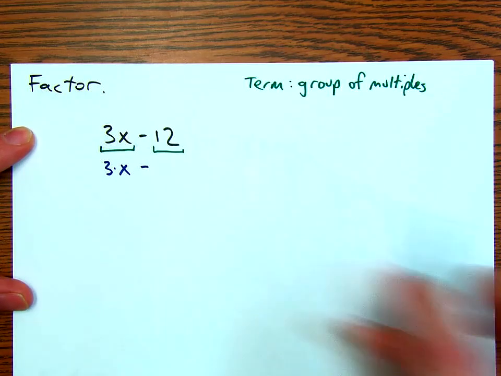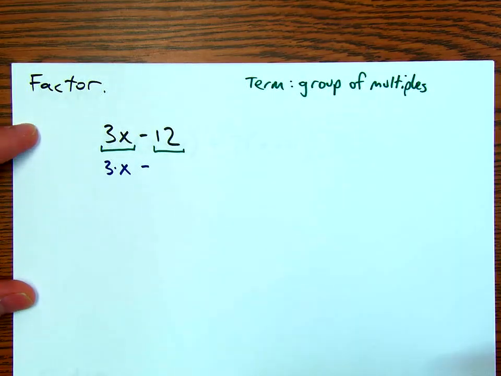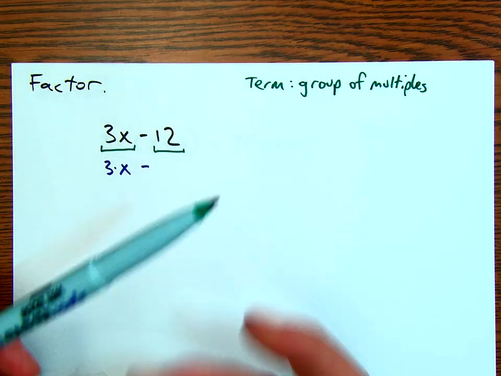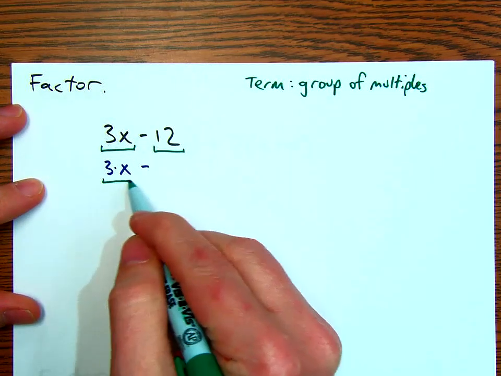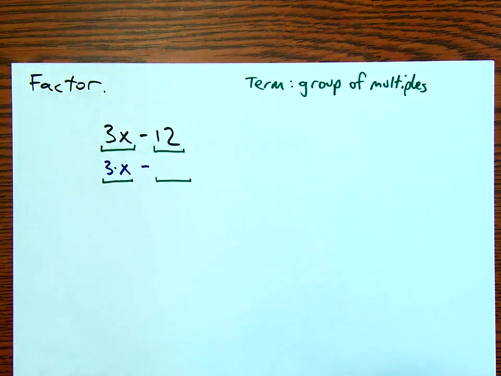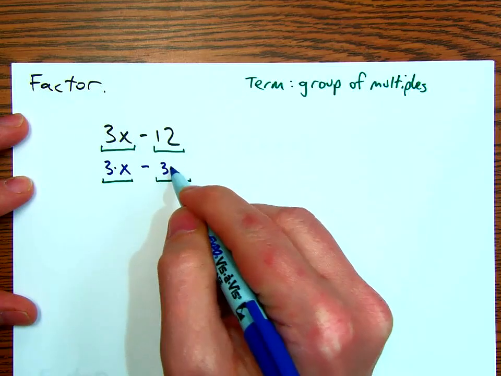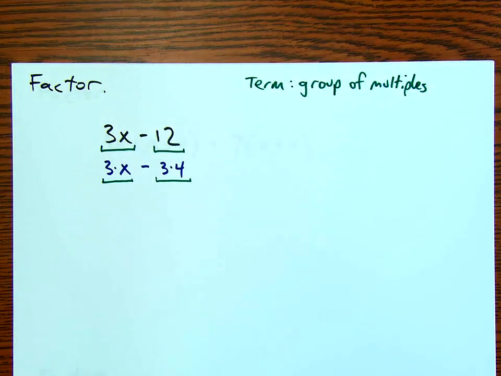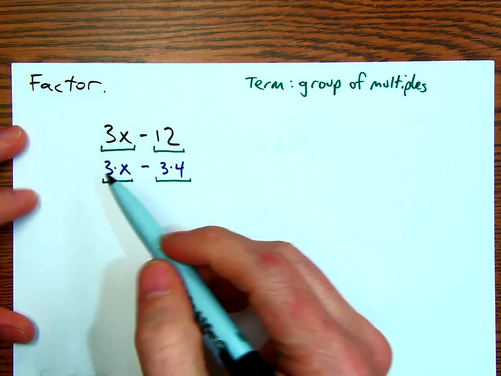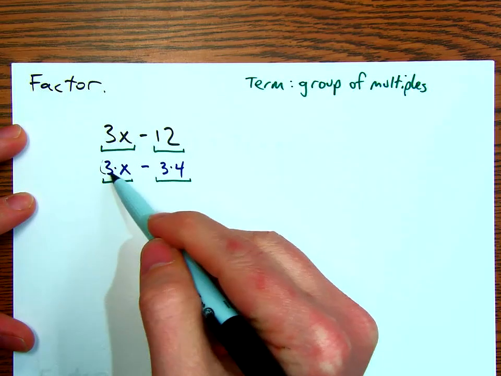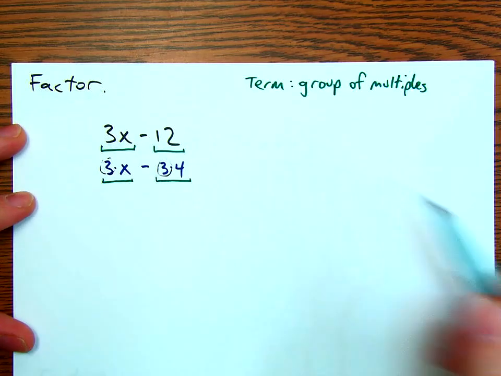Then we're subtracting multiples of 12, but since we're looking for common multiples between the two terms, we could say that 12 can be broken down into 3 times 4. And if we do that, we can see that each of these two terms has a multiple of 3 in common.